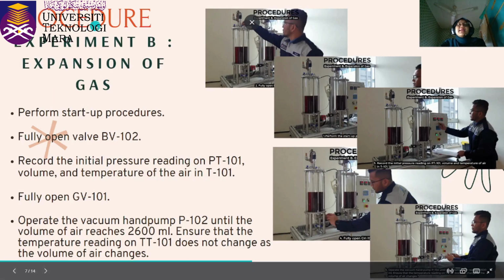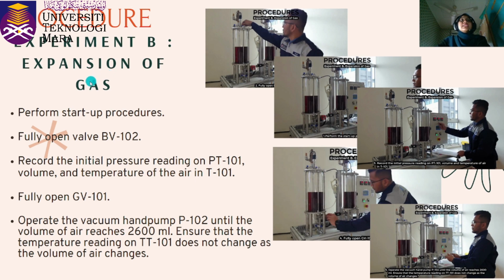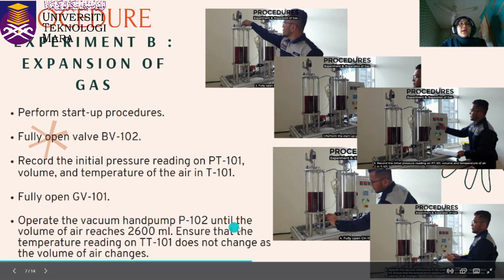Next, I will be explaining procedure for experiment B, which is expansion of gas. First, perform startup procedures. After that, fully open valve BV102. Next, record the initial pressure reading on PT101, volume and temperature of the air in T101. Fully open GV101. Next, operate the vacuum hand pump P102 until the volume of air reaches 2600 milliliter.